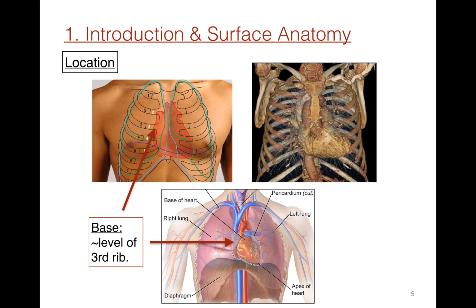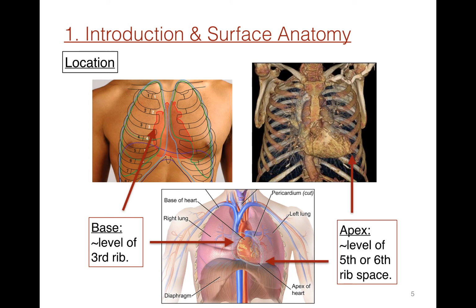Two important reference points: the base of the heart is at about the level of the 3rd rib, whereas the apex of the heart is at approximately the level of the 5th or 6th rib space.